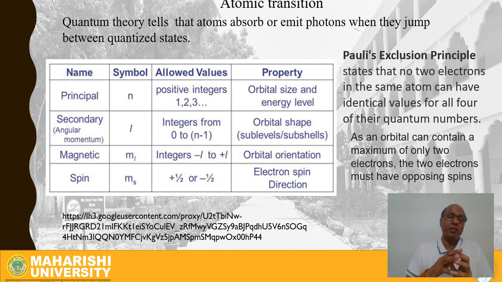So with these rules, we find that there will be a number of restrictions on the atomic transitions which take place from one orbital level or subcell level to another subcell level. If someone is more interested, he or she can visit this link also. And since we are just recalling the previous chapters, we are going slightly brief on these topics.